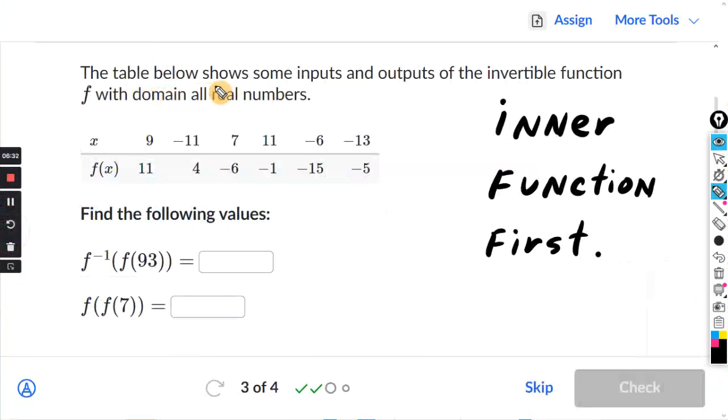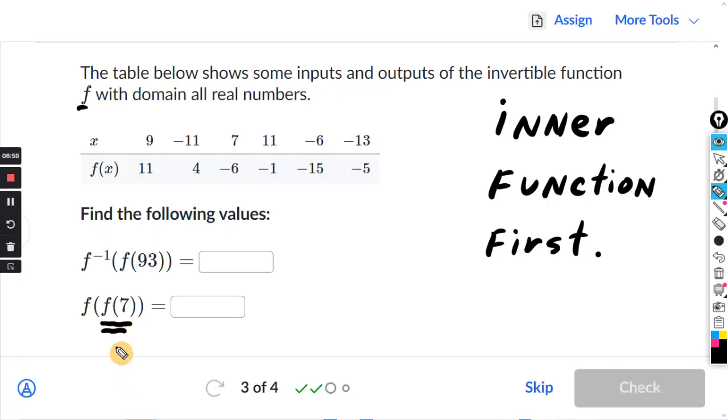The table below shows inputs and outputs of the invertible function f with domain all real numbers. Find the following values. For both of these, what you want to do is evaluate the inner function first. The second one is actually a little easier, so I'm going to do that first. The inner function here is f of 7.